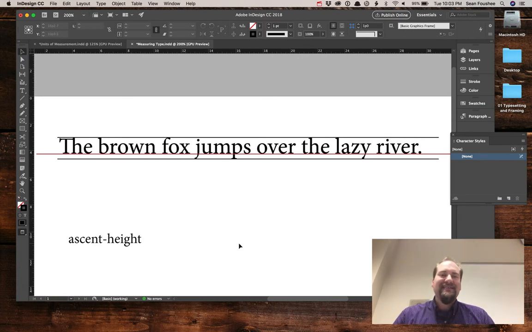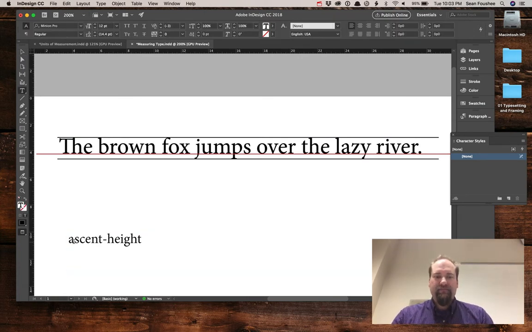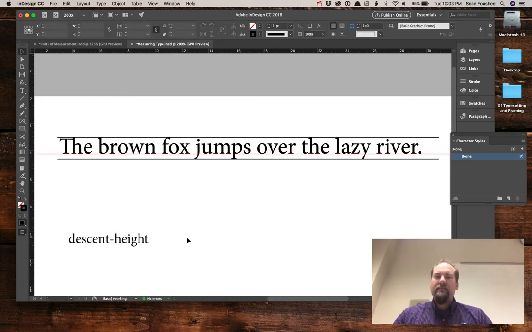This is called the descent line. The descent line goes from the baseline to that descent line, and it measures what are called descenders. So lowercase letters can have ascenders or descenders.